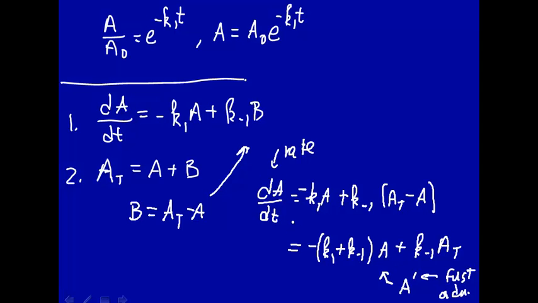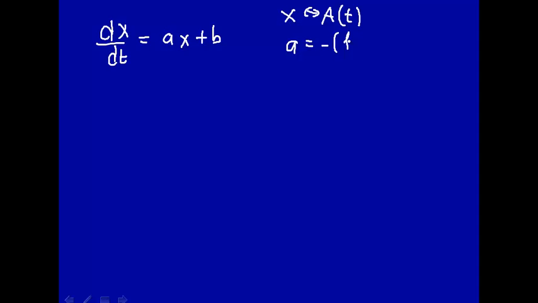Let's rewrite this equation in this form here: dx/dt, just simplified a little bit, is equal to ax plus b, where x we're going to associate with the concentration of A, and here we'll explicitly make the fact that it depends on time. We said a was minus K1 plus K minus 1, and b is equal to K minus 1 times A total.